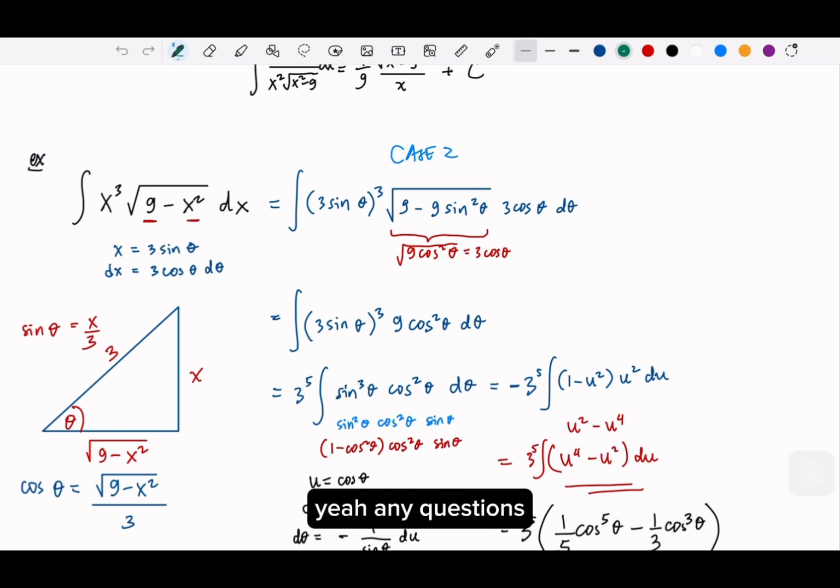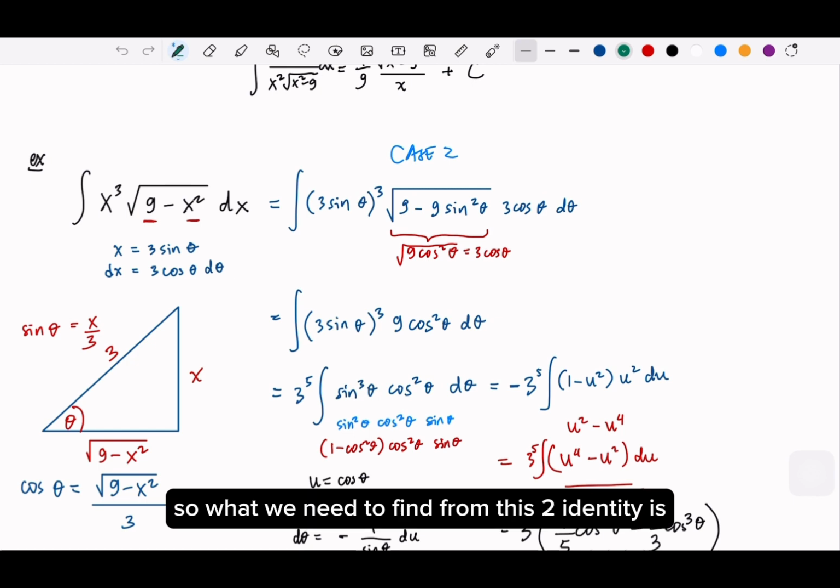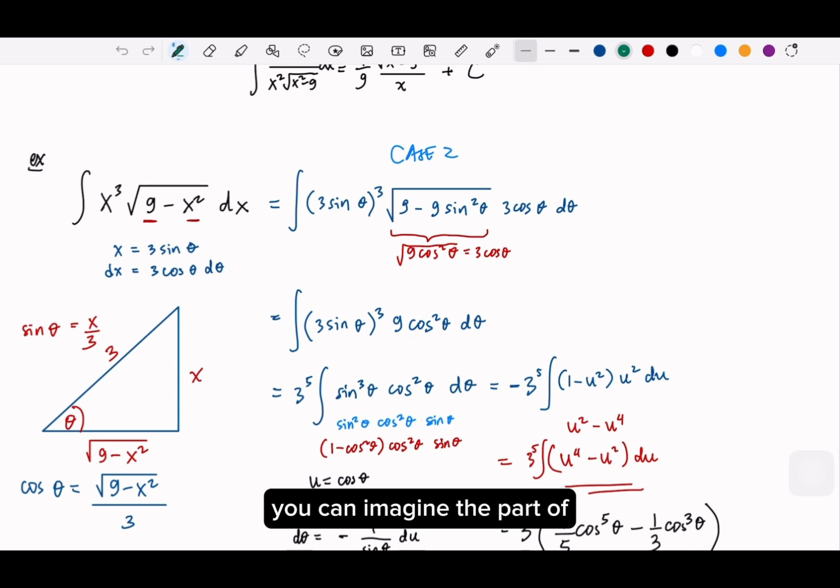Any questions? Which part? You still feel something is missing, where the relationship x equals 3 sine theta comes from? From here. What we need to find from these two identities is that you can imagine the part of the function will be the variable x.